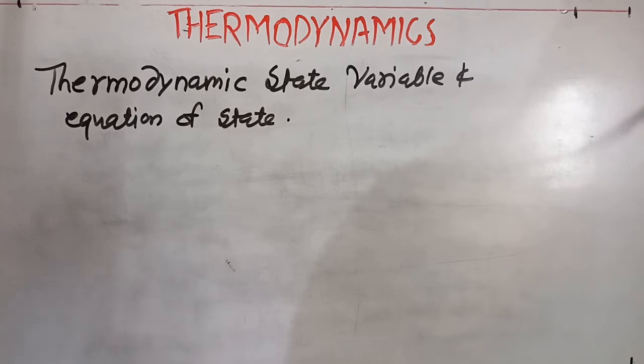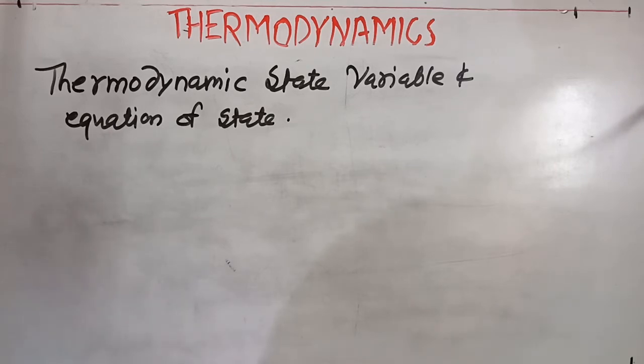The important feature is they are independent of the path. If these variables depend on the path, then they are not state variables, but they are path variables. The state variables are independent of the path.